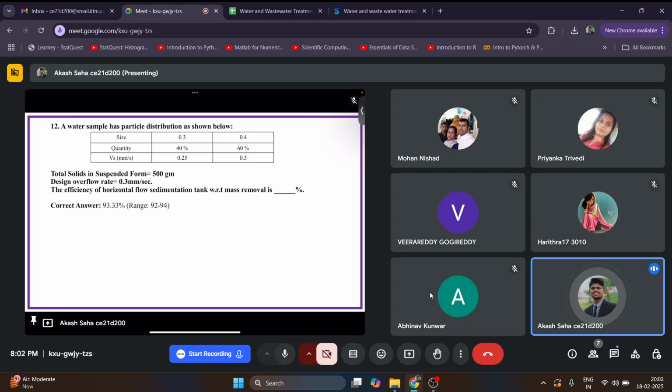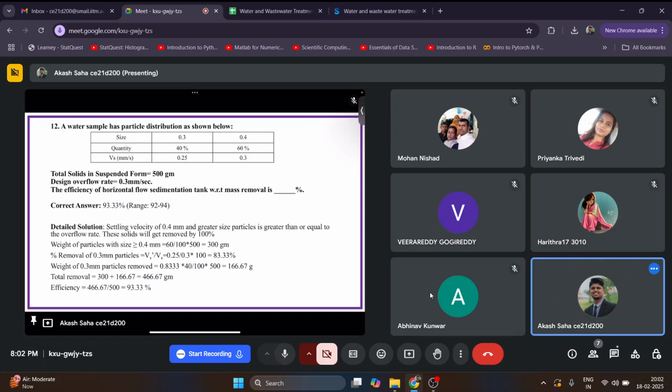Okay, so the correct answer is 93.33%. We will see how it comes. Okay, so first see. We have two types of sizes. One is 0.3 and one is 0.4. Now, if you see the design overflow rate, it is given as 0.3 millimeter per second. Okay, and the settling velocity of 0.4 size particles is also 0.3 millimeter per second.